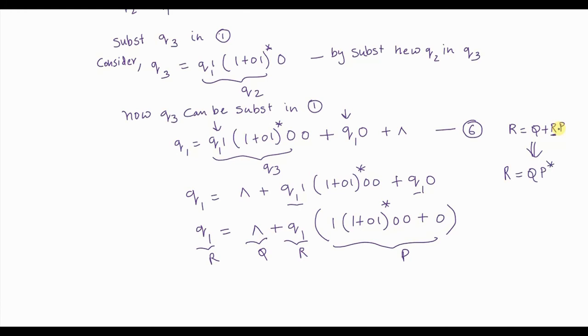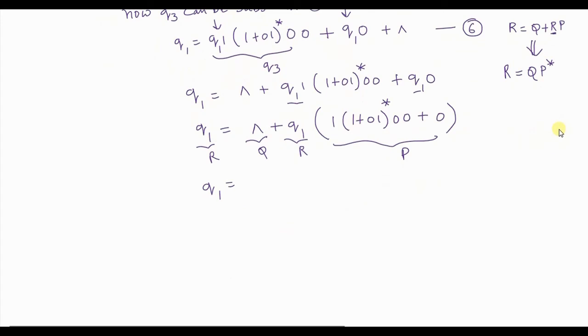So Q1 finally can be written as Q. What is Q? Null. And what is P? P will be the whole term over here.